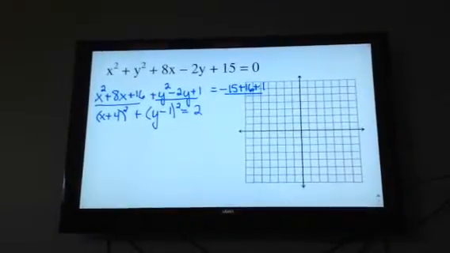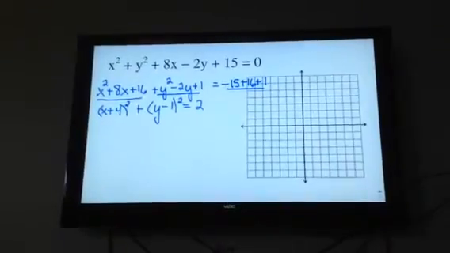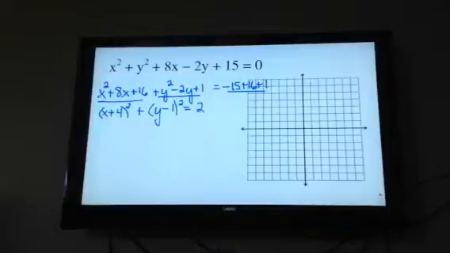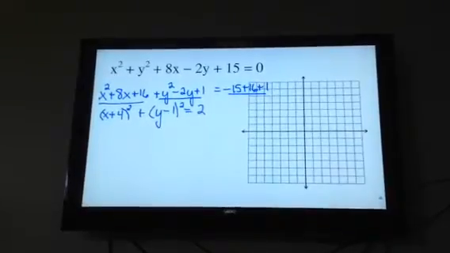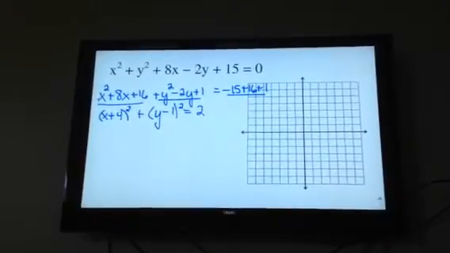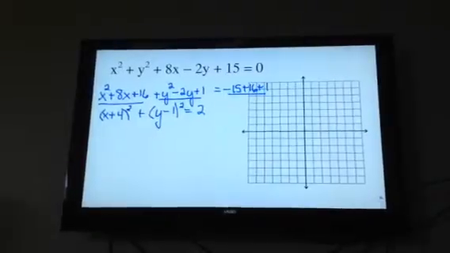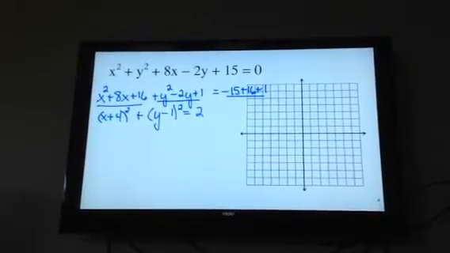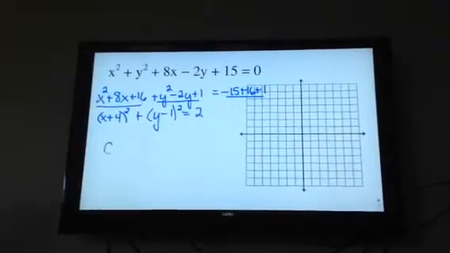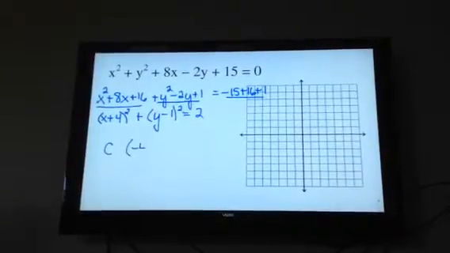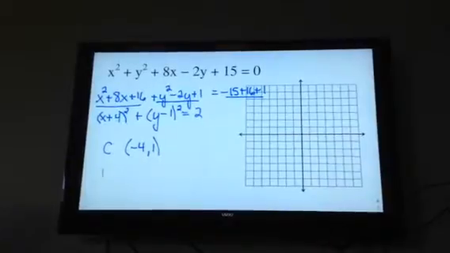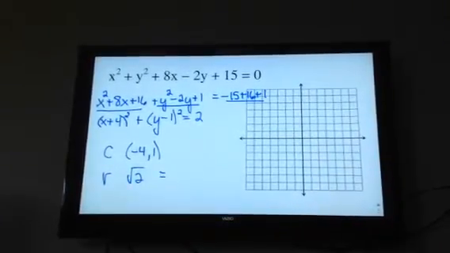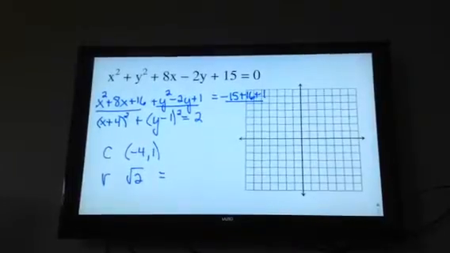So yes, we're completing the square, but they're easier than the ones that we did with just completing the square, because I'm not giving you odd numbers, I'm not giving you fractions. I'm being very kind here and staying with all even linear terms to make it simple. Okay? And then we're ready to go. We've got our center at -4, +1. And my radius is the square root of 2, 1.7.